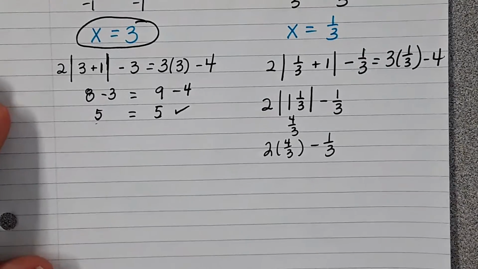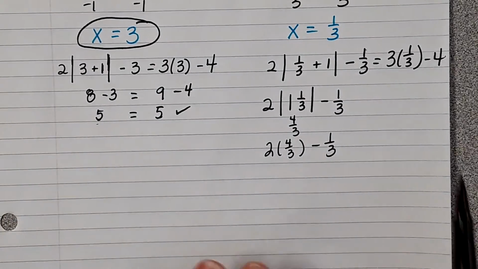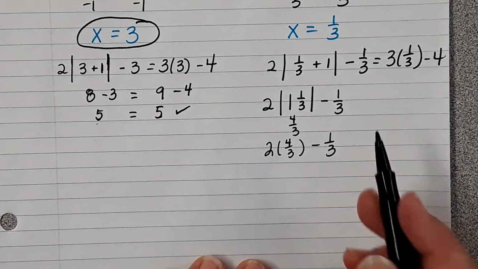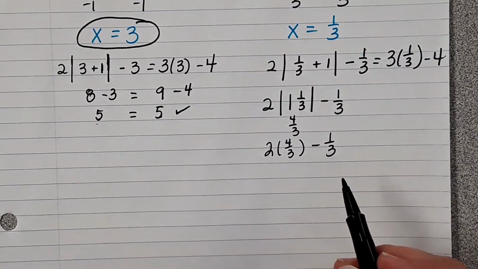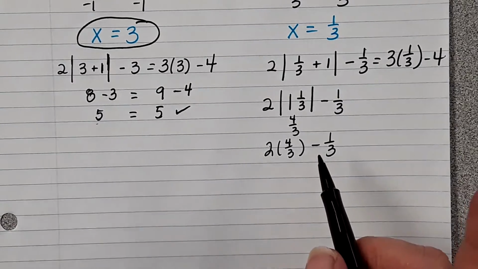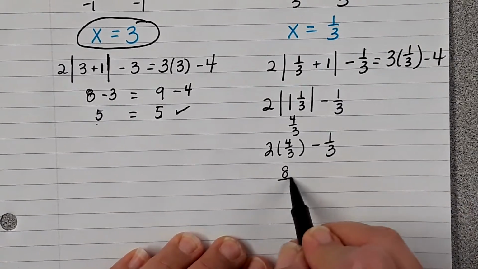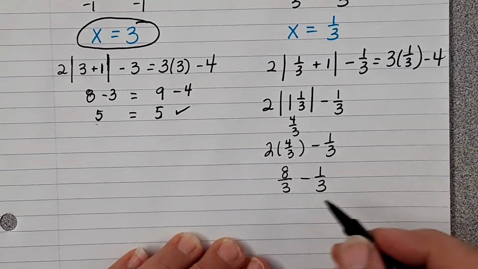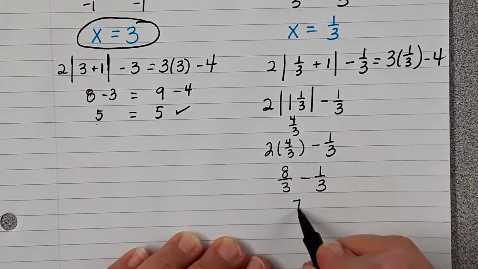Okay. What is 2 times 4/3? What is 2 times 4? 8/3. You got it. It's perfect. 8/3 minus 1/3 is 7/3.